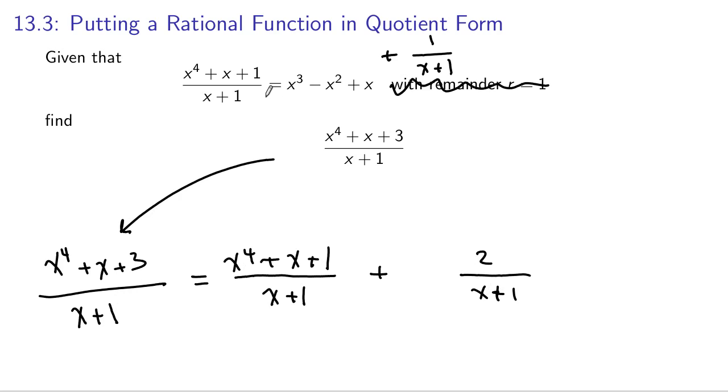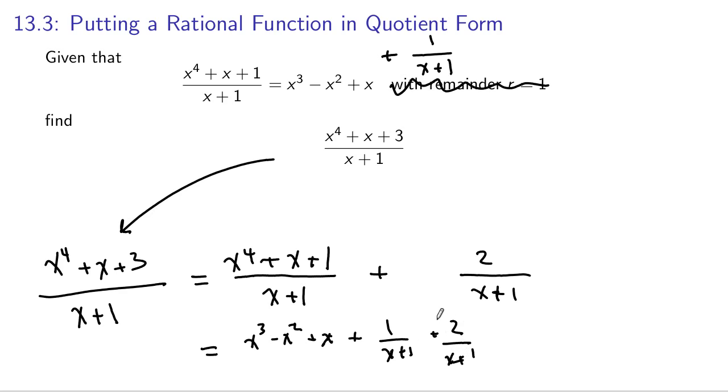Okay, and we know x to the fourth plus x plus 1 over x plus 1 equals this, plus that. So x cubed minus x squared plus x plus 1 over x plus 1 plus 2 over x plus 1.